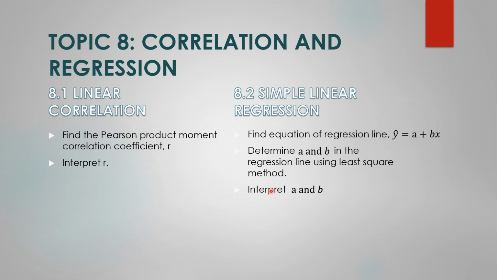After that, you need to interpret the value of a and b in the regression line. More than that, you need to determine the coefficient of determination denoted by r squared. Lastly, you need to interpret the value of r squared that you get. So, these are the lessons that you will learn in this topic.